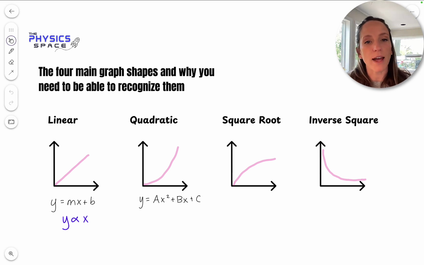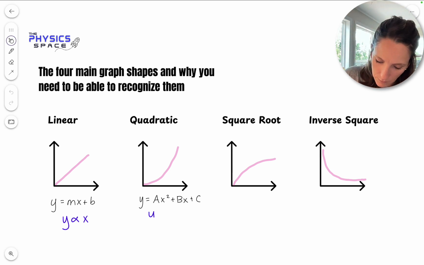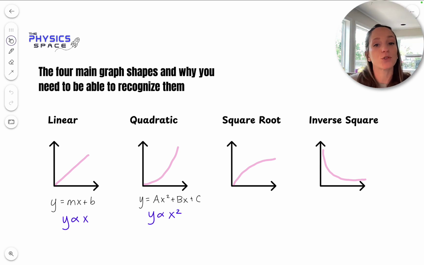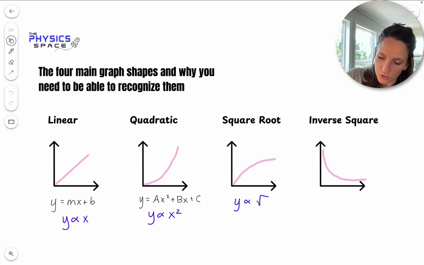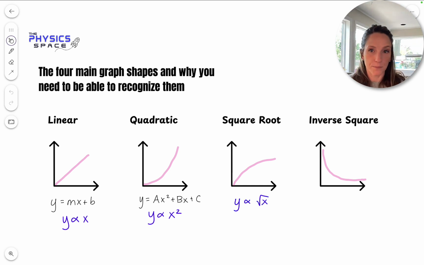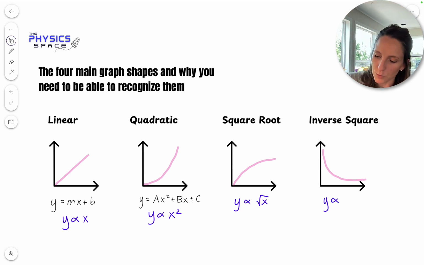In a quadratic equation, y is proportional to x squared. For our square root graph, we can say y is proportional to the square root of x. And in our inverse square graph, y is proportional to 1 over x squared.